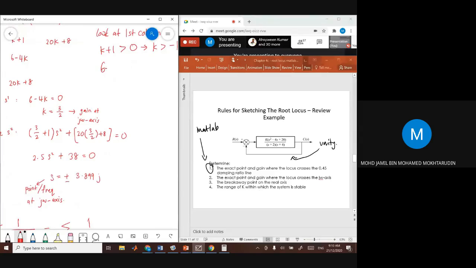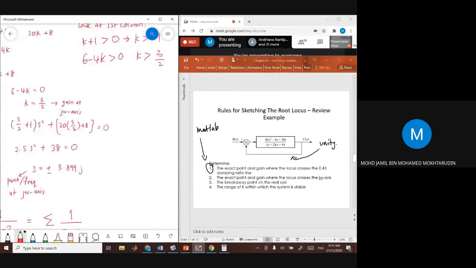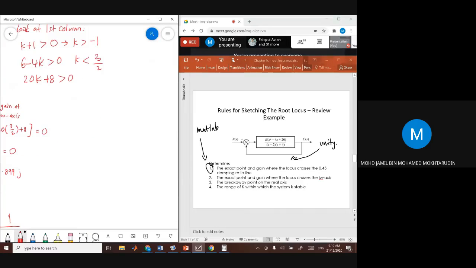And 6 minus 4K must be positive. So K must be smaller than 3/2. And then 20K plus 8 bigger than 0. So K bigger than minus 8/20, or -2/5.